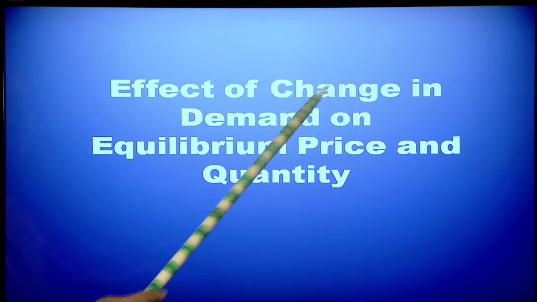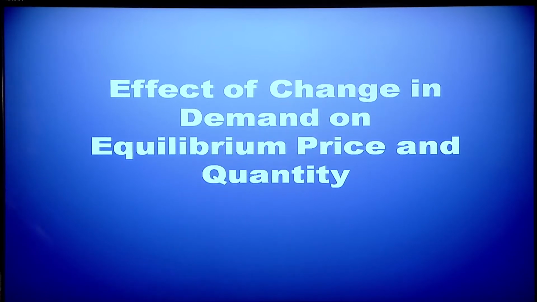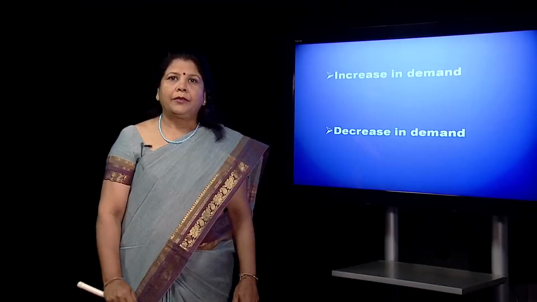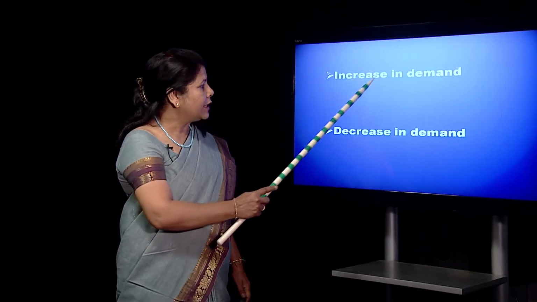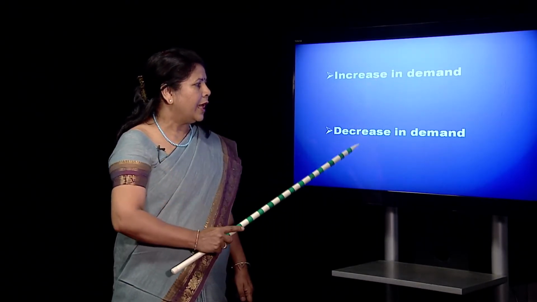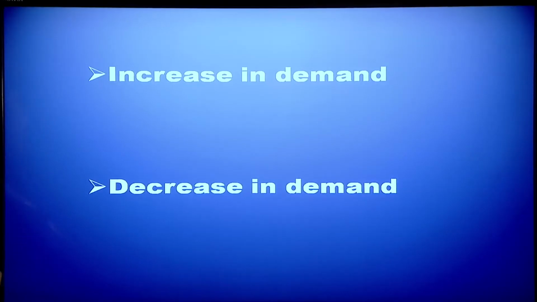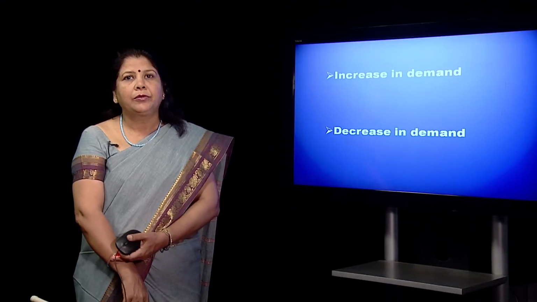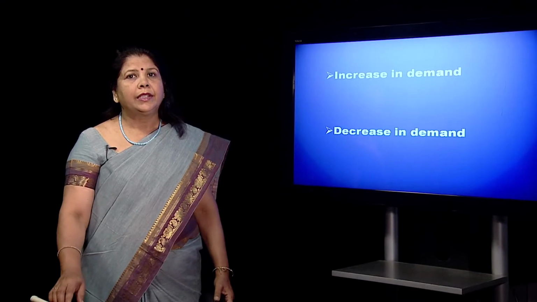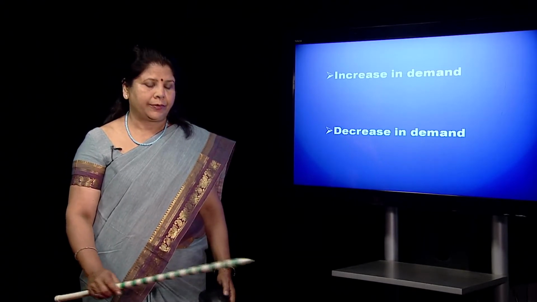Now, what is the effect of change in demand on equilibrium price and quantity? We have to understand this. First, let us understand increase in demand and decrease in demand. Let me just remind you that increase and decrease in demand are going to cause the demand curve to shift.